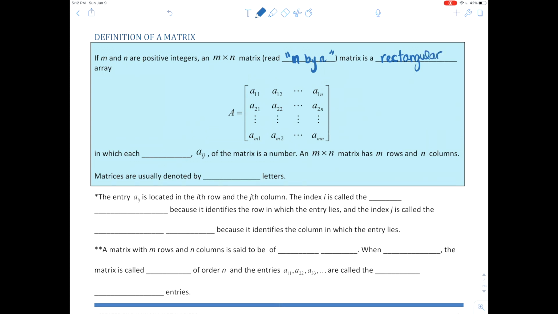So going across, you have A11, A12, all the way to A1n. And then the second row, A21, A22, all the way to A2n. Each column goes A11, A21, all the way down to Am1. So you have m rows and n columns.